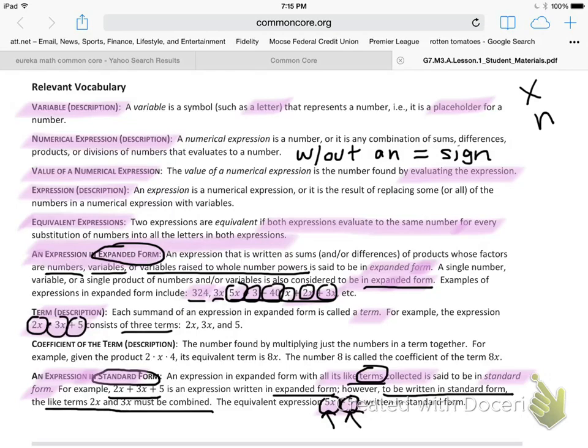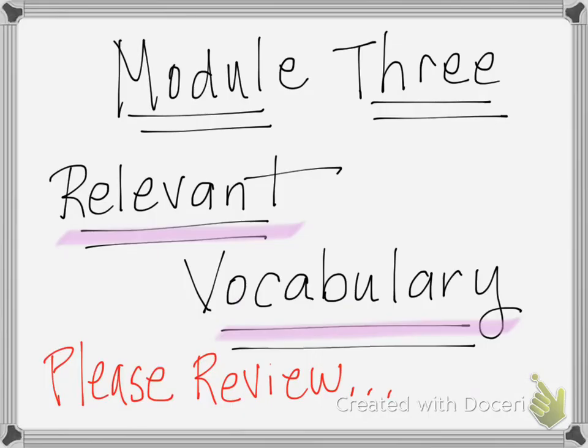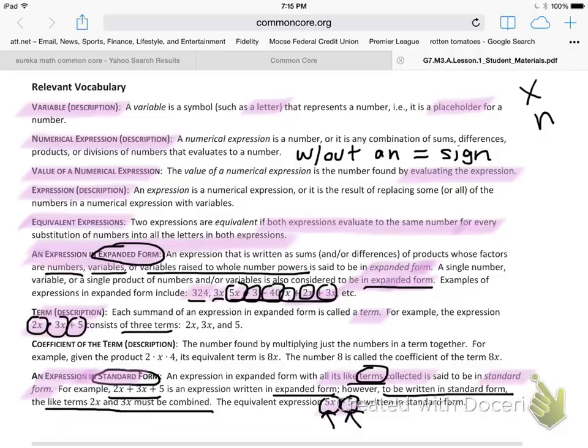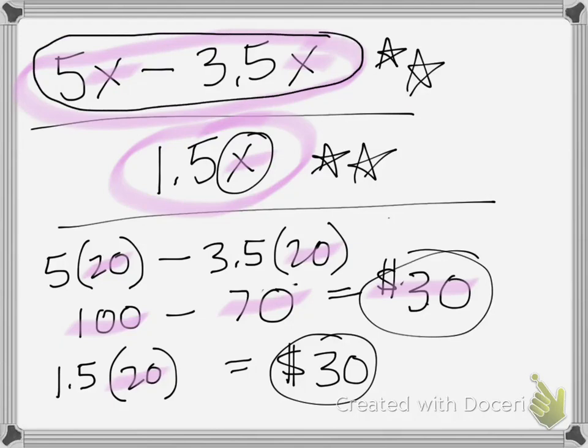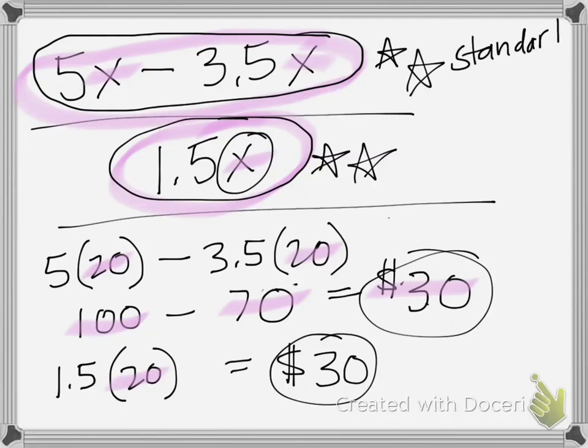If we go back to this one, if we look at these expressions, you'll notice that this one here is expanded form, and this is also expanded form, because that definition is very expansive. But you'll notice we cannot call this one standard form because there are 2 x terms in it.